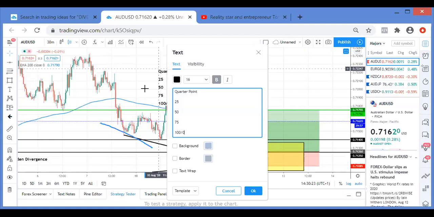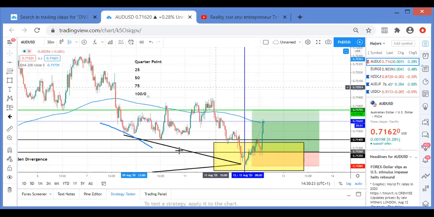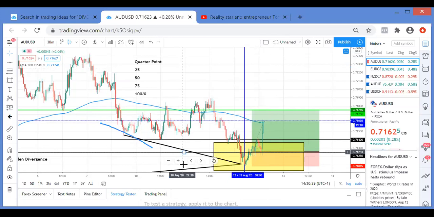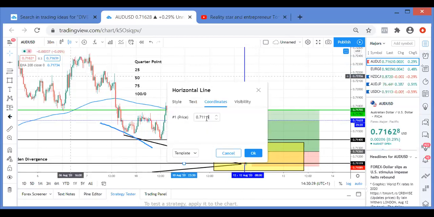Look, as an example, the reason why I bought this AUD/USD is because when it came here, this black line, I put it there, and I go to my settings. Now look, what is the nearest? 0.71119. What is the nearest quarter point to these last 3 digits, for a buy?